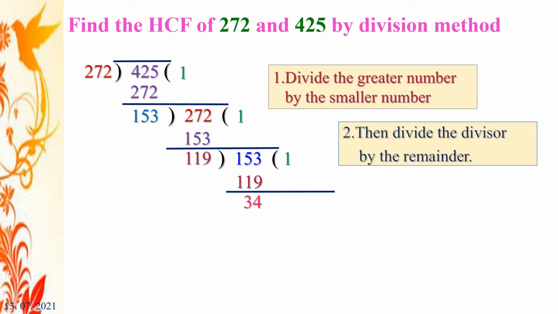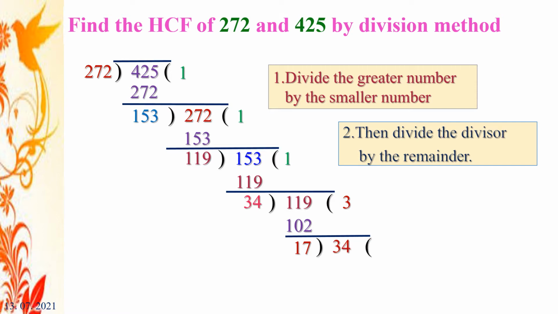Now we are going to divide the divisor by the remainder. Then write 119. Now how many times do we have 34 in 119? We have 3 times, that means we'll get 102. Now subtract, we will get the remainder 17.